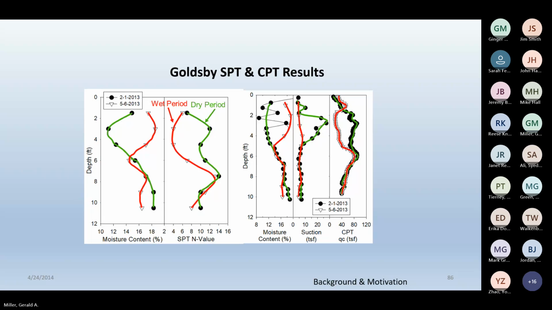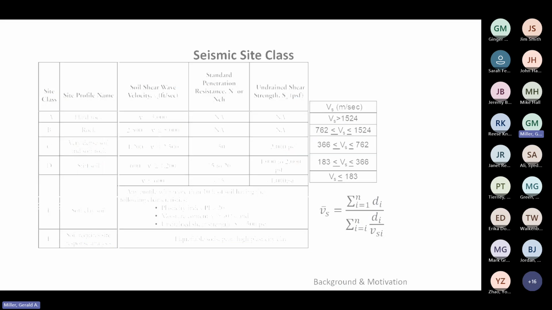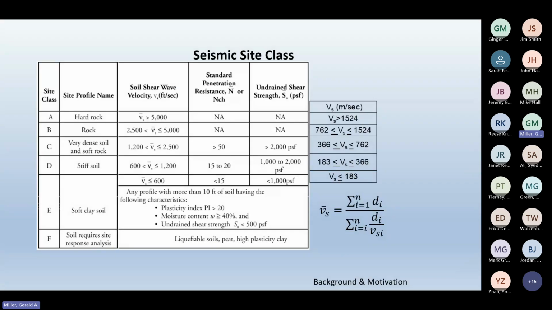So we thought, okay, this is a good topic, but from a practice point of view, why would we be interested in that? And I think one reason would be because we can base seismic site class on shear wave velocity measurements. So if you look at the IBC or various codes for determining seismic site class, there's basically three general approaches you can use.